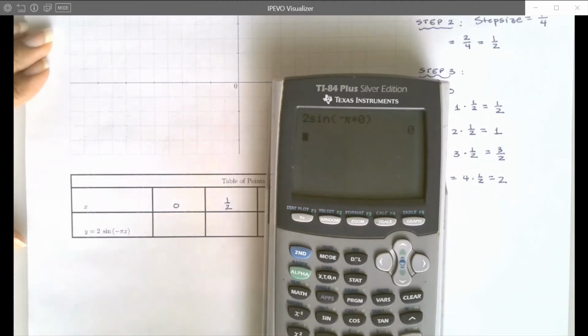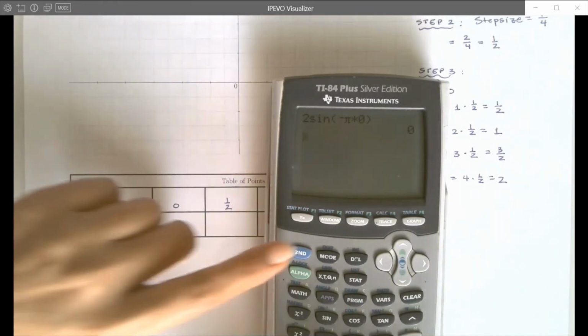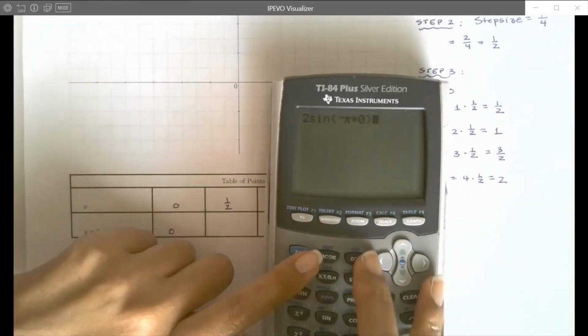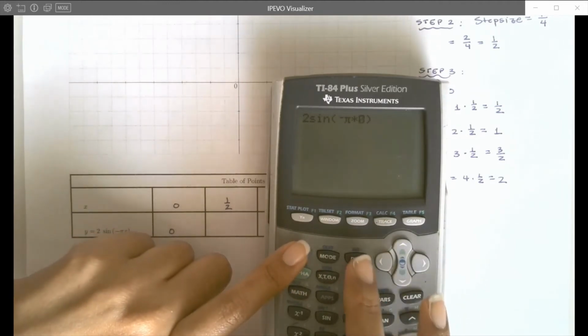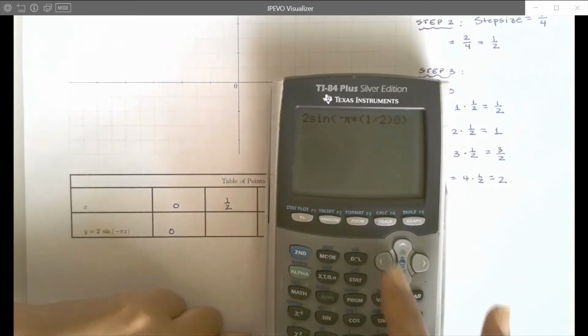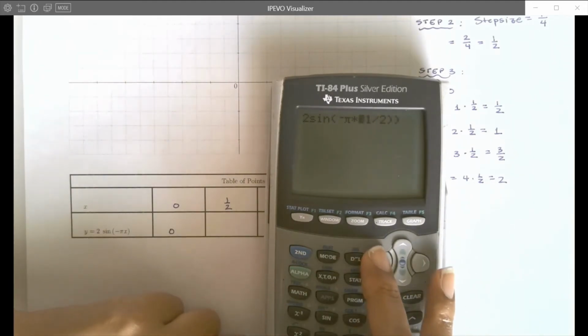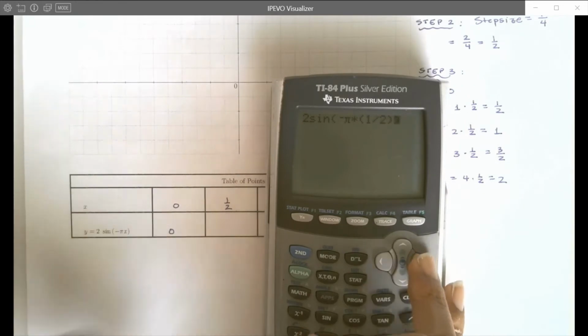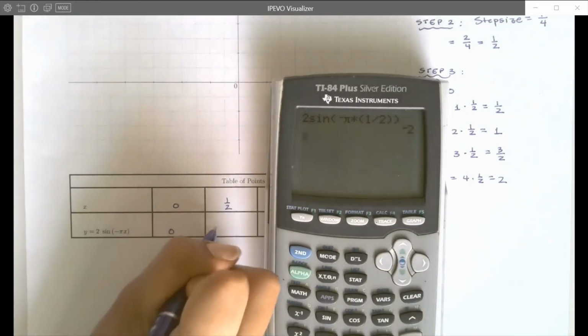So we get 0. Okay, then we have negative pi times 1/2. I'll go ahead and introduce the parentheses here, in which case we no longer need this times. I mean, we can leave it there, it doesn't hurt. Okay, and we're going to get negative 2.